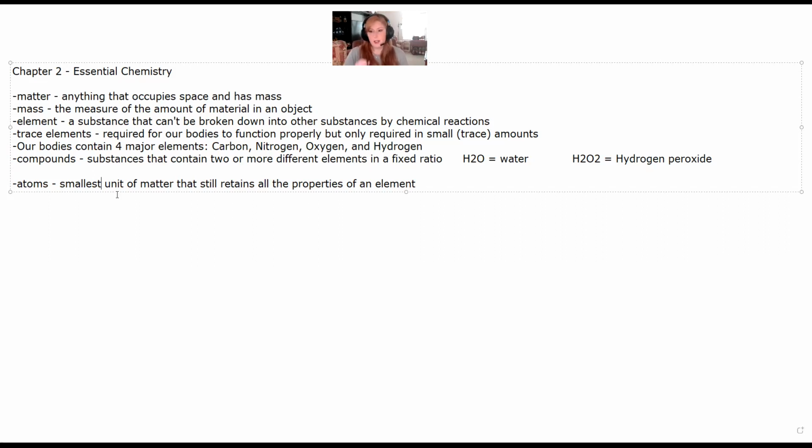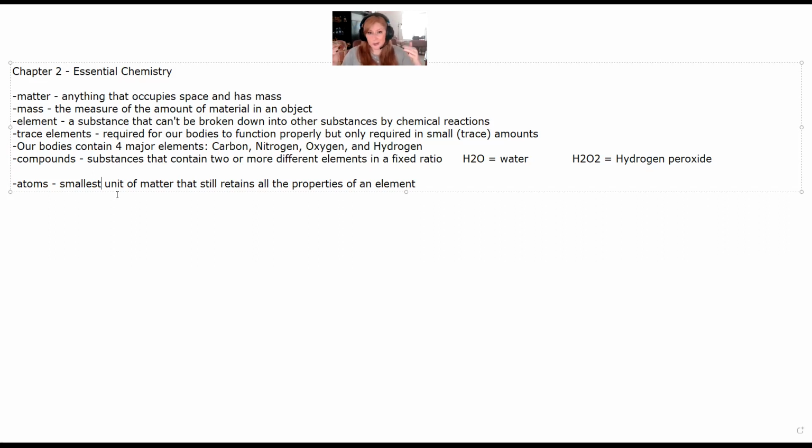All right, so we have atoms, right? And if you have one carbon atom, you have the element carbon, right? So you don't have to have 100 carbon atoms to have carbon. All you need is one atom of carbon, which is why it's the smallest unit of matter that still retains all the properties of an element, because a carbon atom is different from an oxygen atom.